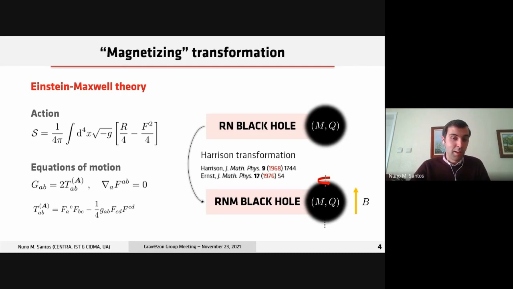This solution is not asymptotically flat; it asymptotically resembles the magnetic Melvin universe. I don't know if you are familiar with the magnetic Melvin universe, but it describes a non-singular, so a regular, static, cylindrically symmetric spacetime representing a bundle of magnetic flux lines in gravitational magnetostatic equilibrium.